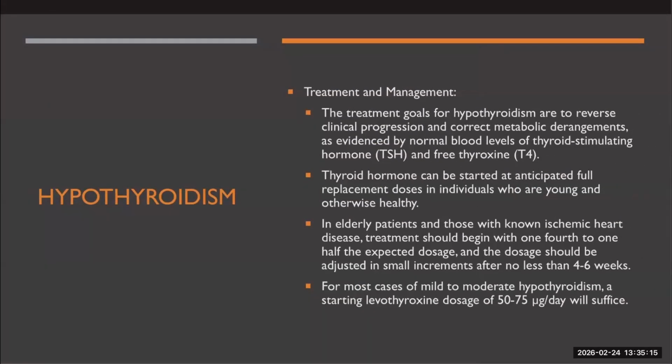Treatment and management, you got to get the thyroid levels back up. So you just give them thyroid hormone to reverse the clinical progression of the disease and correct any metabolic derangements. So again, we look at TSH levels to monitor treatment. Thyroid hormone can be started at anticipated full replacement doses in individuals who are young and healthy.